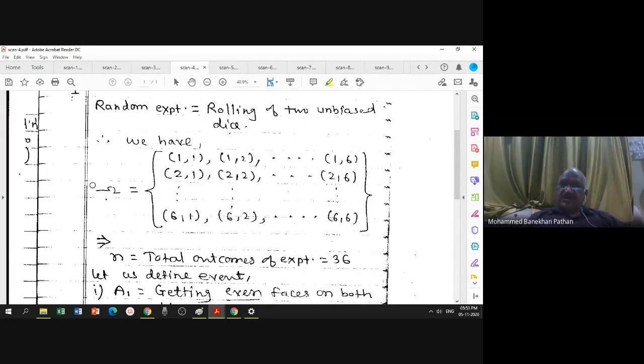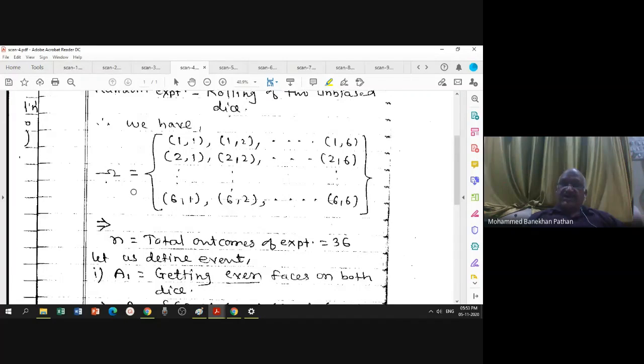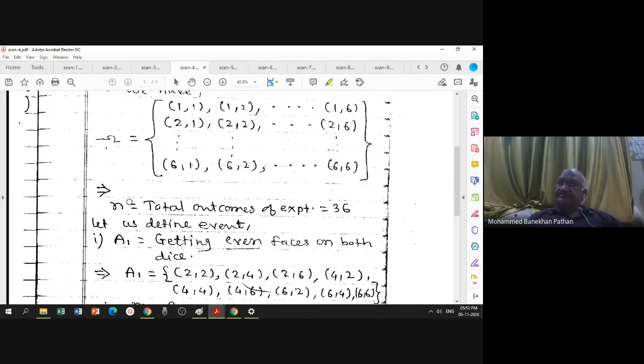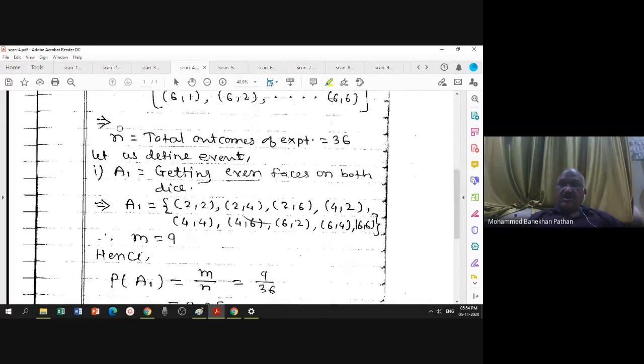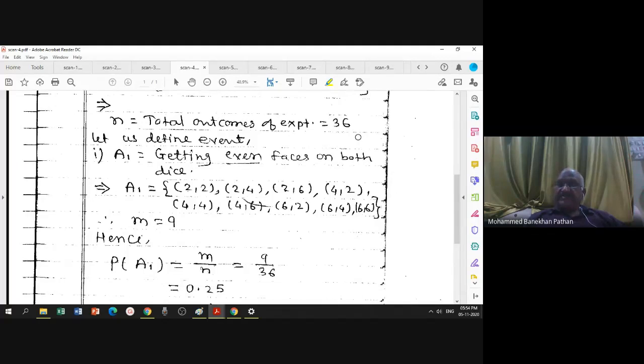If it is impossible to write omega, you get the value of small n. That indicates the total outcomes of the experiment. Step number 1, random experiment to be written. Step number 2, get the total outcome of the experiment. Step number 3, define the event according to the question, what is asked to find.